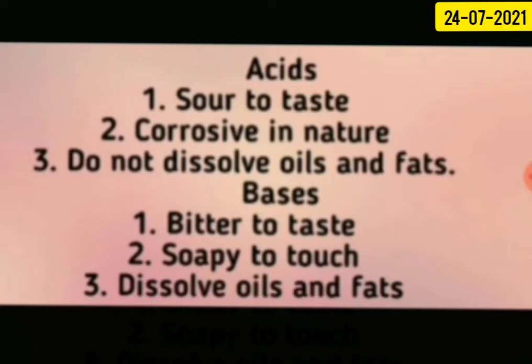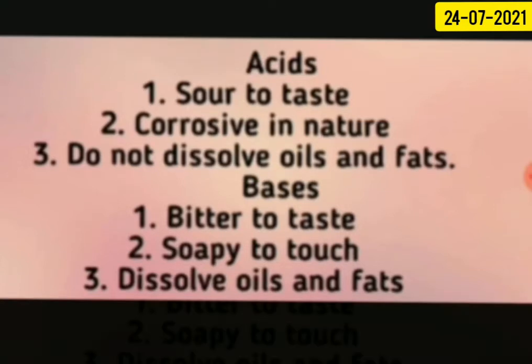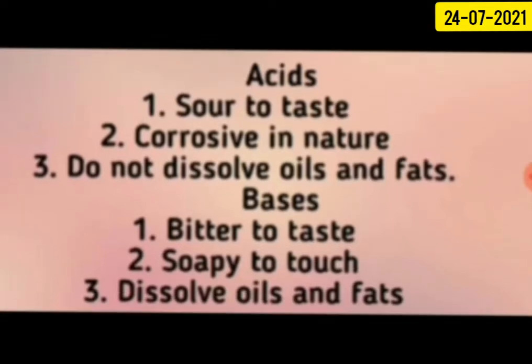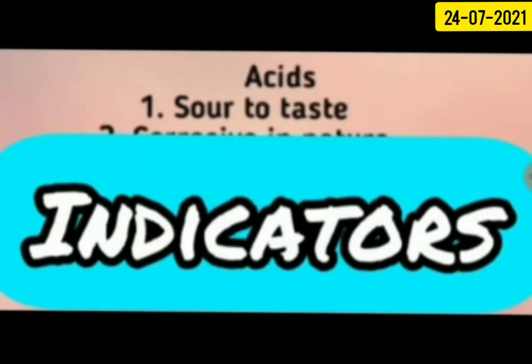How can we understand if a substance is acidic or basic? There are many methods to understand if a solution or substance is acidic or basic. Yes, we can use indicators. An indicator is used to tell whether a given solution is acidic or basic in nature.